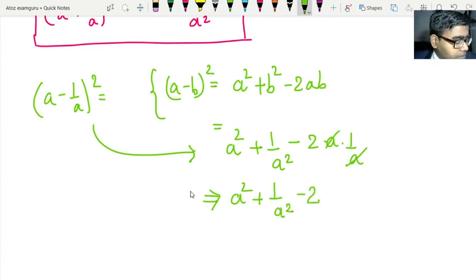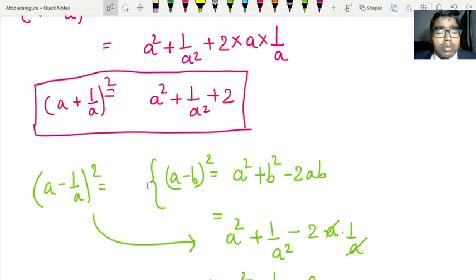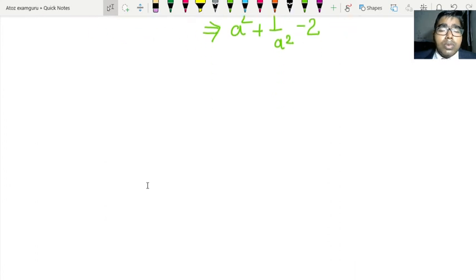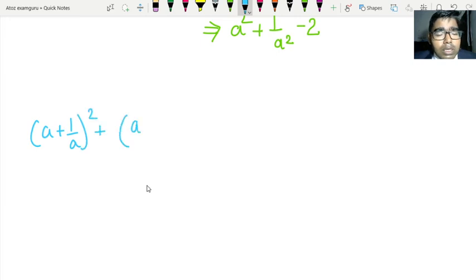And friends, now let's derive the next formula. If you add the above two formulas, (a + 1/a)² + (a - 1/a)², then what you will get?